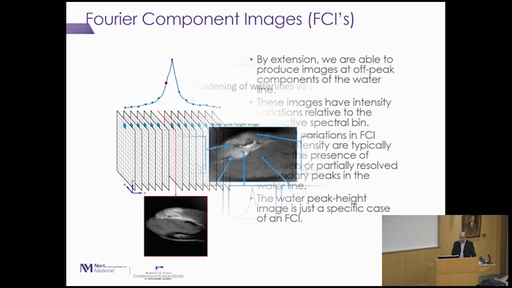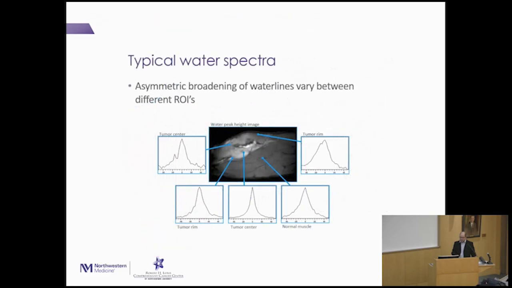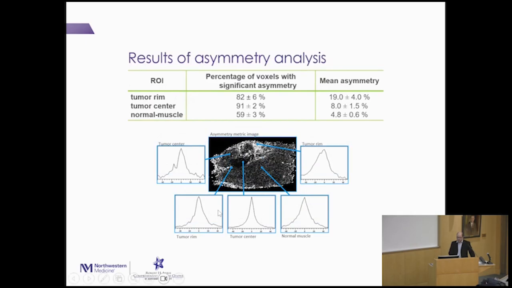So this is just different slices showing that. And then remember I said that for each voxel you have a spectrum. So this line is that particular voxel. That's what the spectrum looks like, and likewise here. So you can see that the tumor is quite different than the muscle. And you can turn that asymmetry into another image, and this is called an asymmetry image.